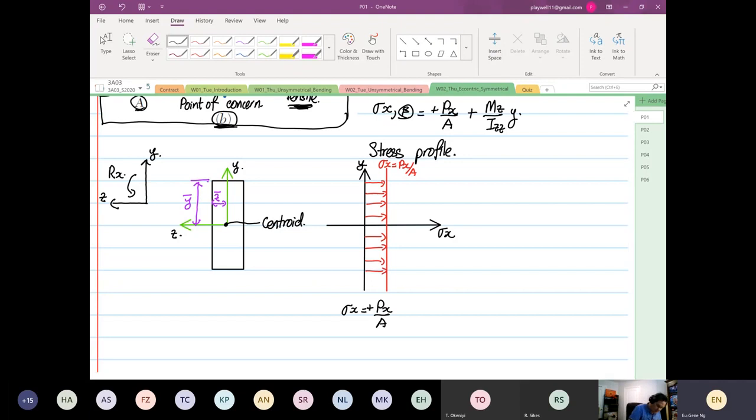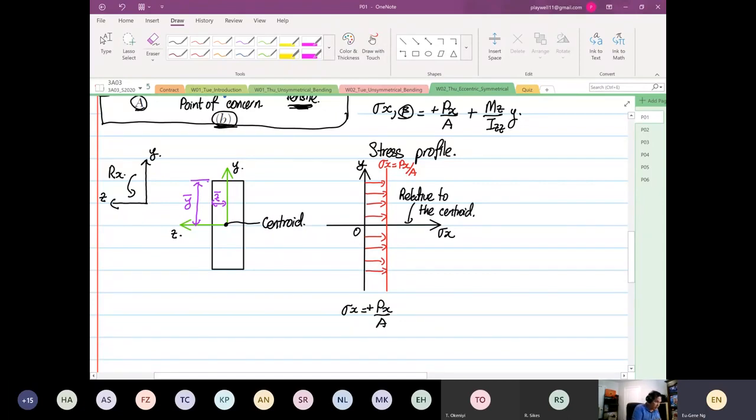Now, I position this as equal to 0. I draw over here, this is my 0 point, because this is relative to the centroid.